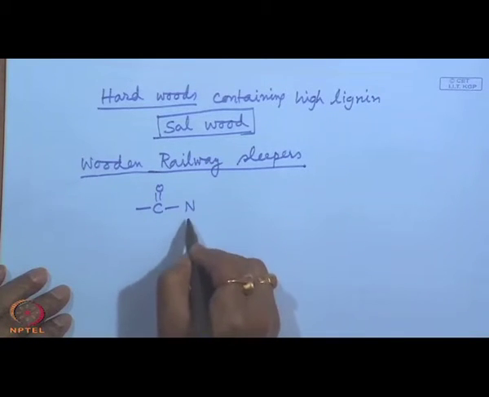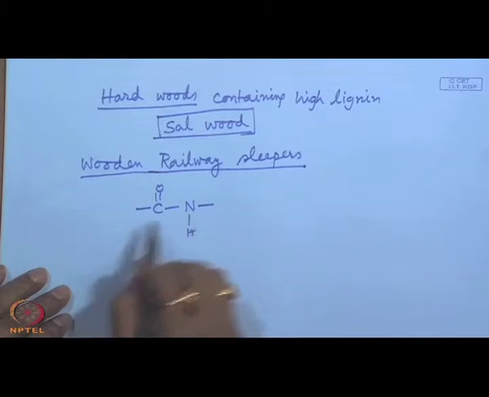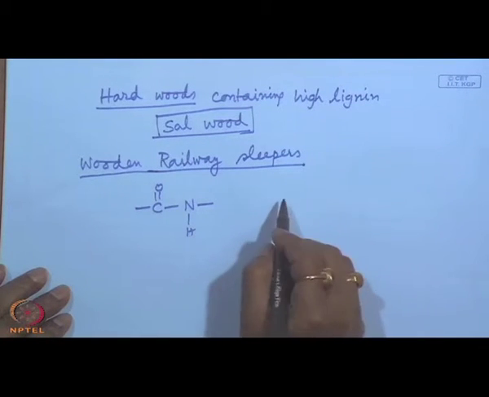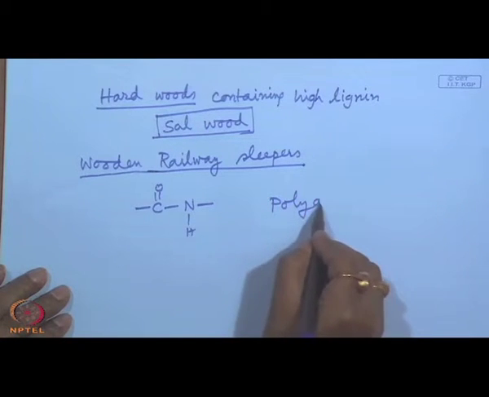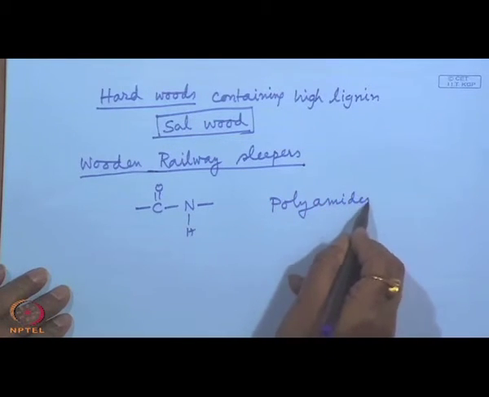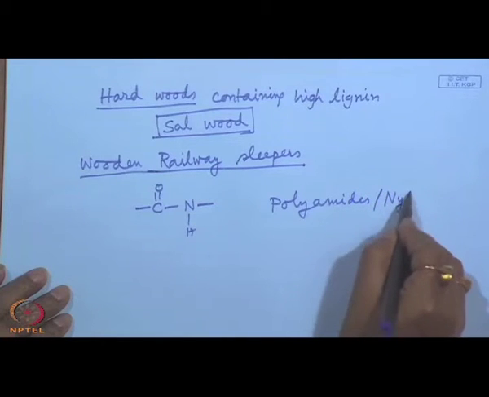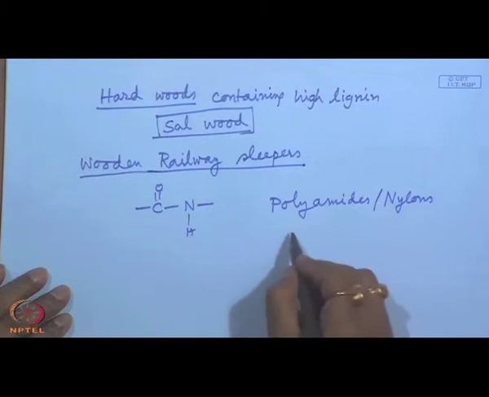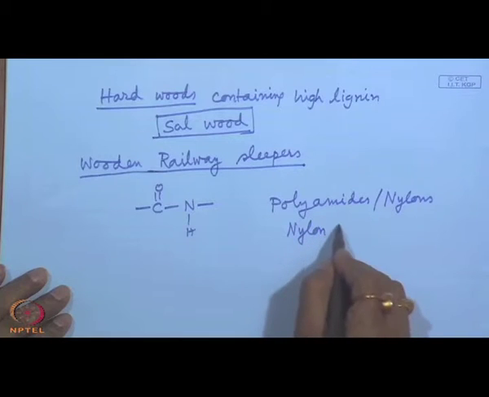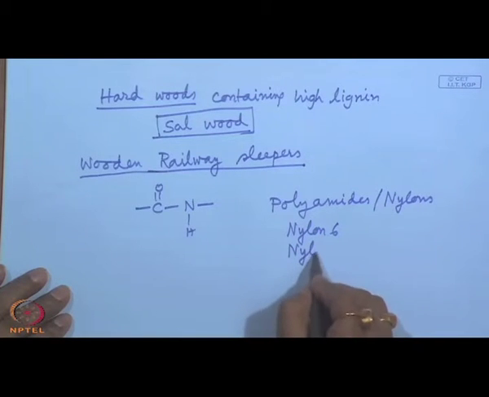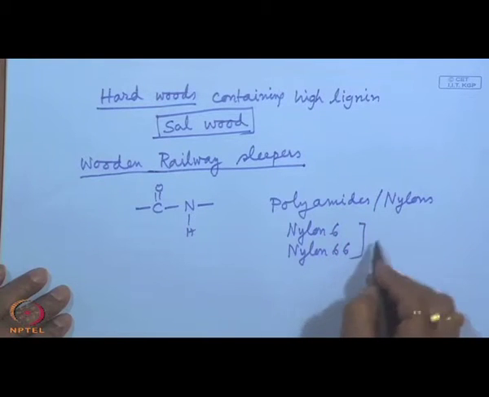This is the peptide linkage present in proteins. The same linkage is present in polyamides or nylons, say nylon 6, nylon 6,6, which are aliphatic nylons.